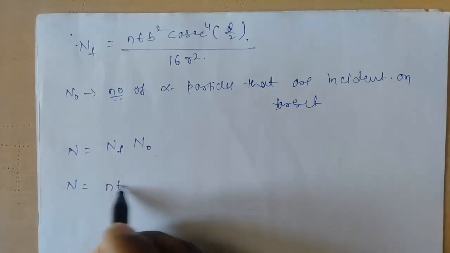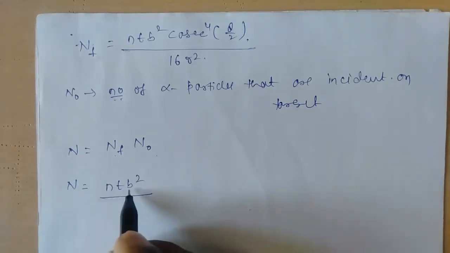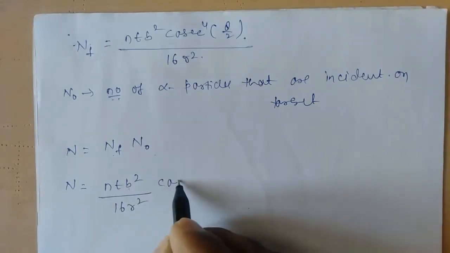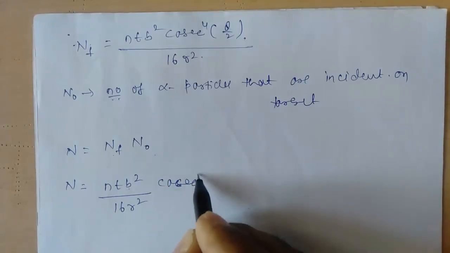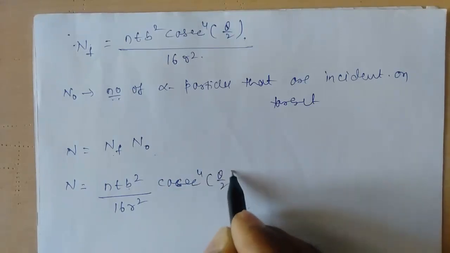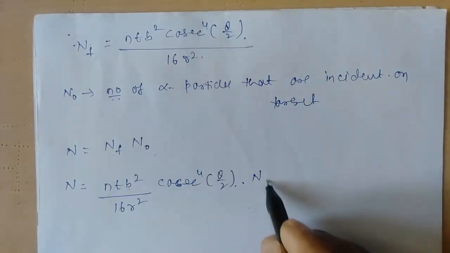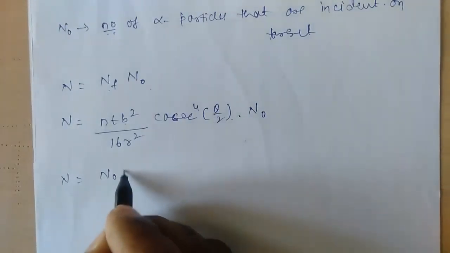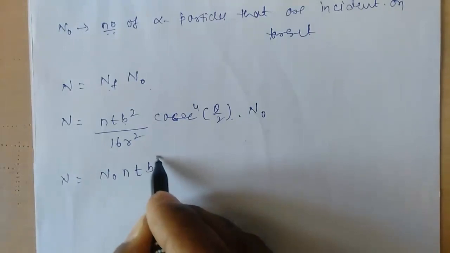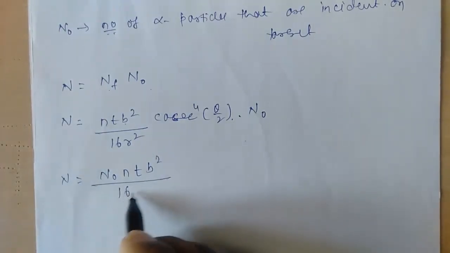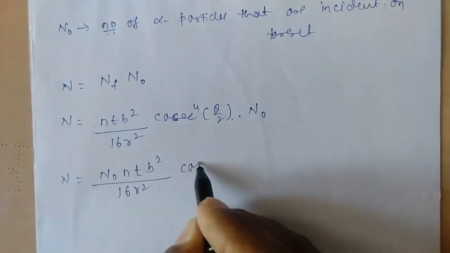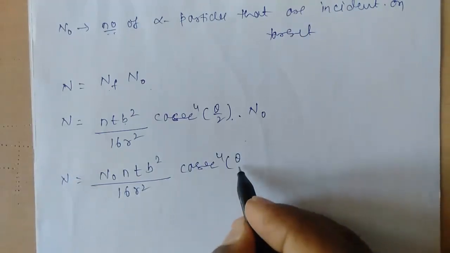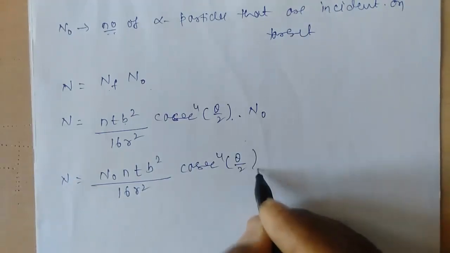So the above equation can be simplified. What is the value of nf we have? That is n into t into b square divided by 16 r square into cosecant to the power of 4 into theta by 2 into n naught. If I rearrange this equation, it can be written as n naught into small n into t into b square divided by 16 r square into cosecant to the power of 4 into theta by 2.